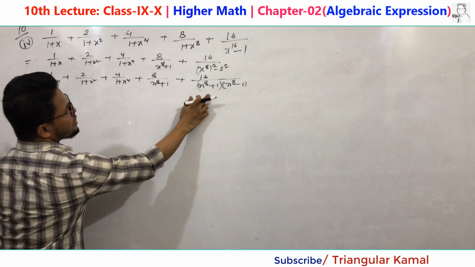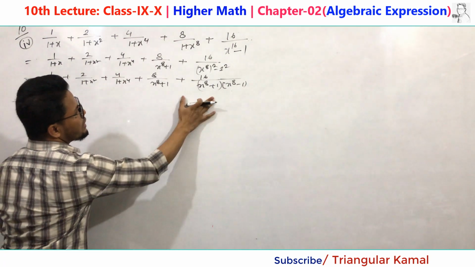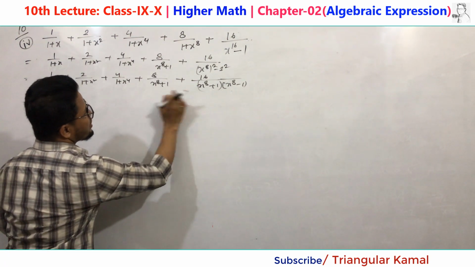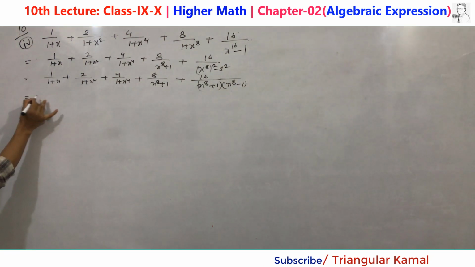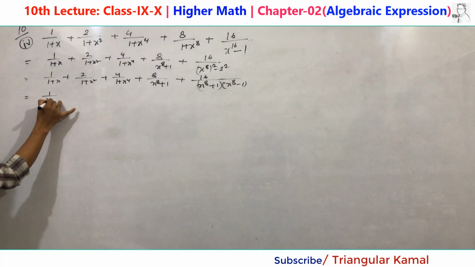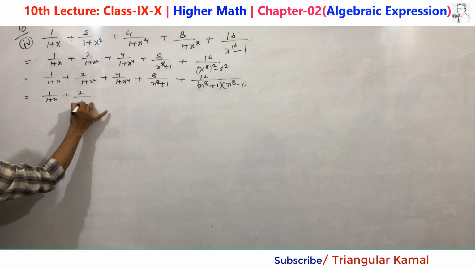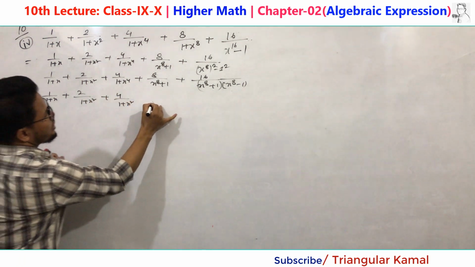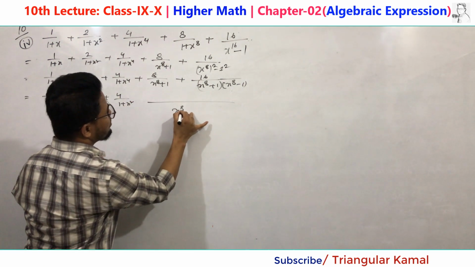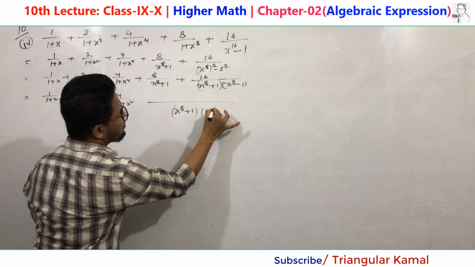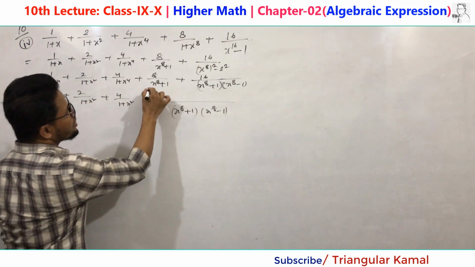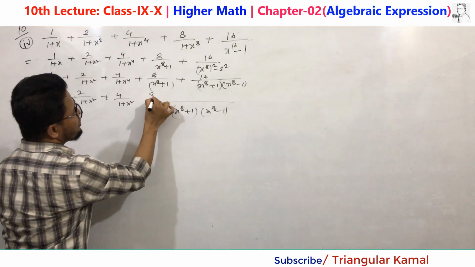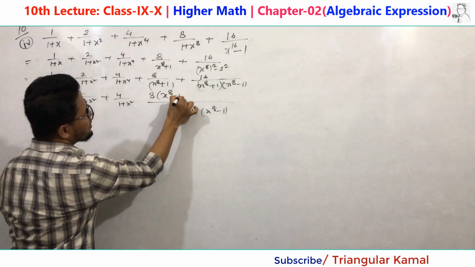Now these last two parts have the same denominator, so you can take LCM from the last two parts, and there will be x to the power 8 plus 1 into x to the power 8 minus 1. Just now divide this one, there will be remaining 8 into x to the power 8 minus 1, and then there will be 16.